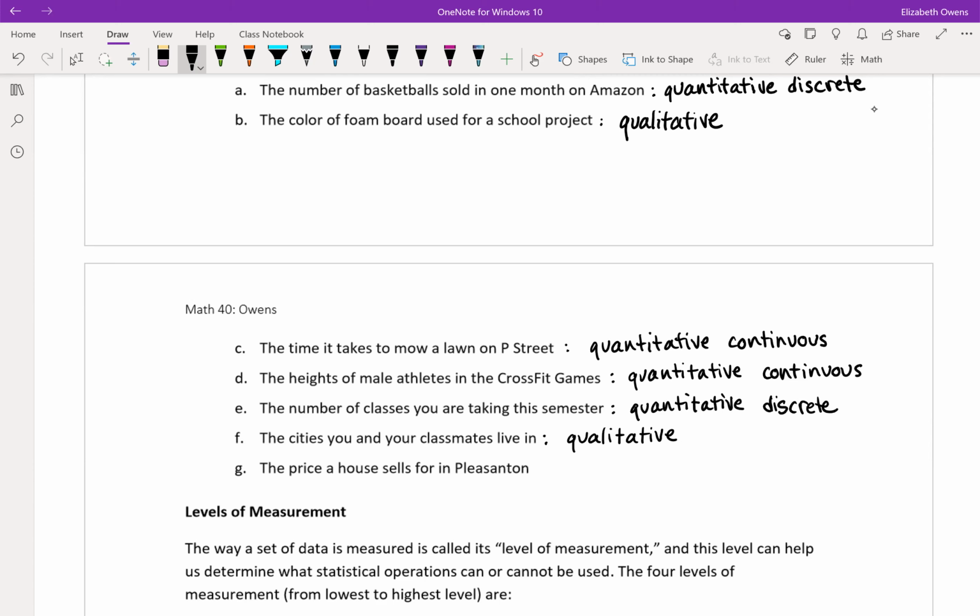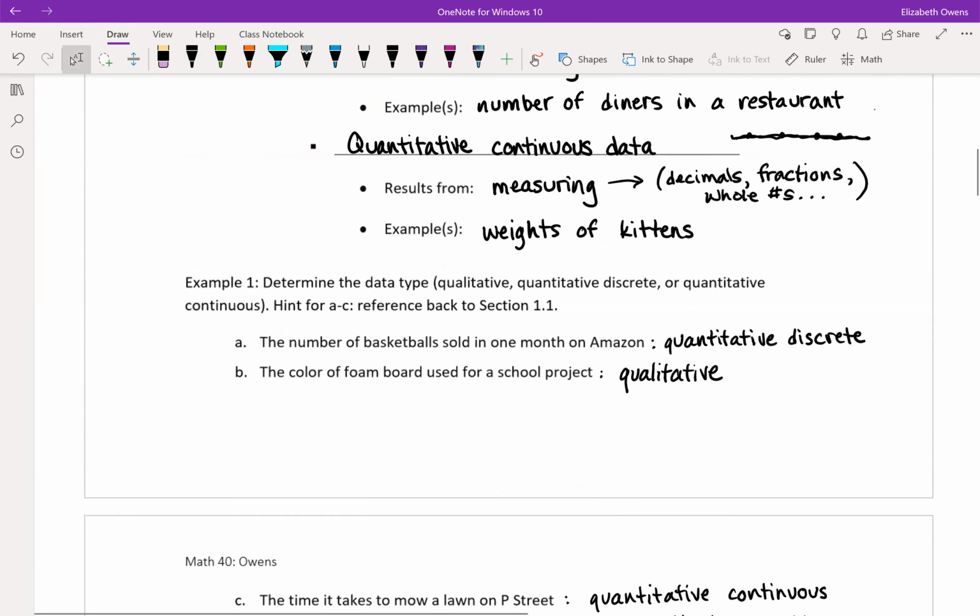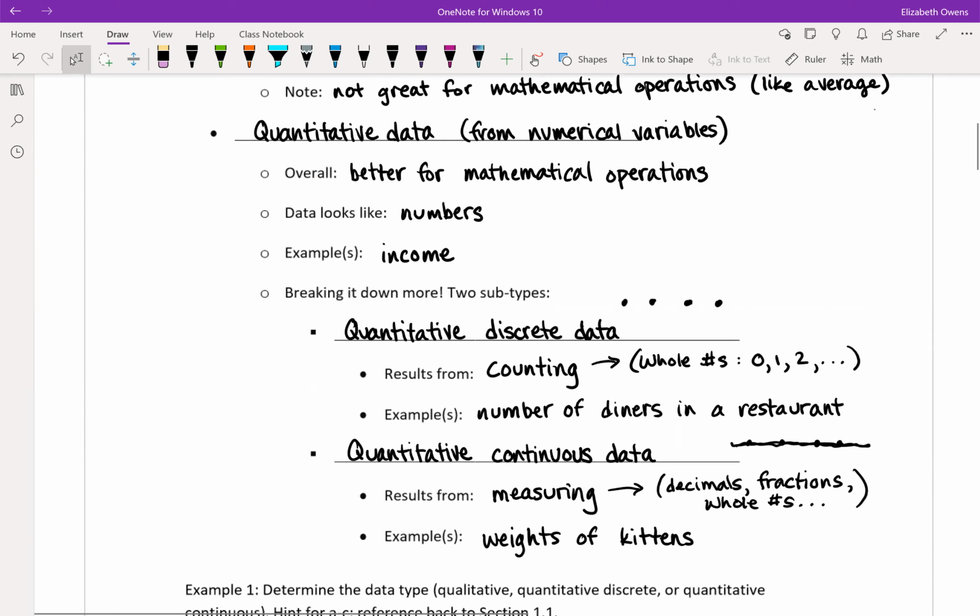All right, and the last one, the price a house sells for in Pleasanton. Well, the answer is usually a lot. It sells for a lot. But let's see. This would be a number. All right, we could do averages, we could do mathematical operations, so it's quantitative, definitely. Now, counting or measuring, let's see. Well, would we use a measurement device for the price of a house?